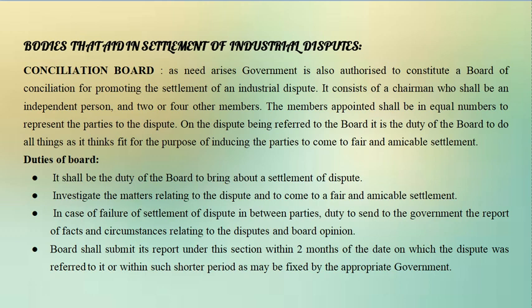The members appointed shall be equal in number to represent the parties of dispute. On the dispute being referred to the board, it is the duty of the board to do all things as it thinks fit for the purpose of inducing the parties to come to a fair and amicable settlement. That is, the conciliation board consists of an equal number of members from both the disputing parties. They are supposed to come to a final amicable settlement.